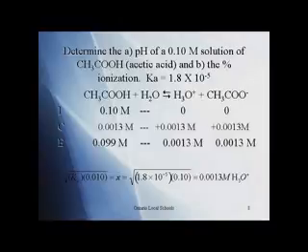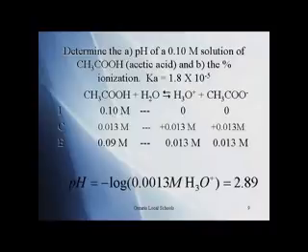So our change is going to be minus 0.0013 moles per liter for the acetic acid and plus 0.0013 moles per liter for the H3O plus and the acetate ion, the CH3COO minus. So when we take 0.1 minus 0.0013, that essentially gives us 0.099 moles per liter, and for the H3O plus 0.0013 moles per liter and the acetate ion 0.0013 moles per liter at equilibrium.